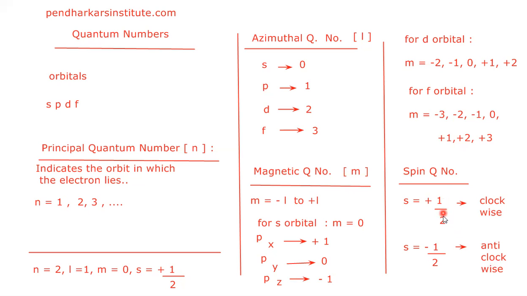You might wonder why half, why the value half, why not round figure 1, 2, 3, why half, a fraction. Actually, this half is nothing but a probability of an electron spinning in clockwise or anti-clockwise direction. Probability, if you're aware, is number of outcomes favoring an event upon total number of outcomes for that experiment. That is called sample space.